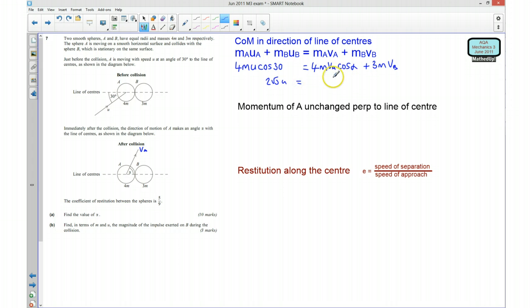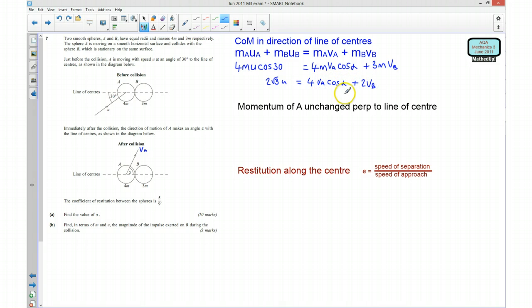And over here the m's will cancel each other out, and we've got 4 VA cos alpha plus 3 VB. Okay, and there you go. I'll just make that a bit clearer. So that's root 3. Yeah. Okay. So this is an equation that links u, which is our initial speed, VA, VB, and alpha together.